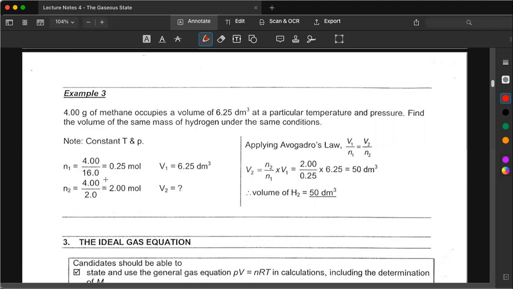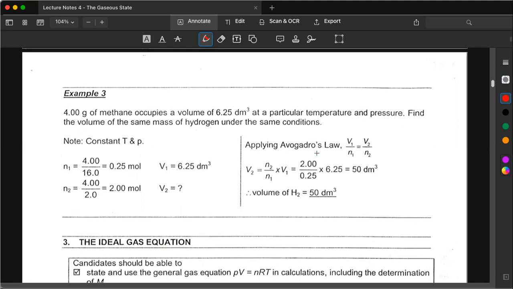So if they are different gases, but they are at the same temperature and pressure, we can directly relate their moles to volume, because based on Avogadro's law, the same mole of gas should occupy the same volume, right? So given 4 grams of hydrogen, because they mentioned the mass of hydrogen is of the same mass, we divide by the molar mass of hydrogen, we will get 2 mole.